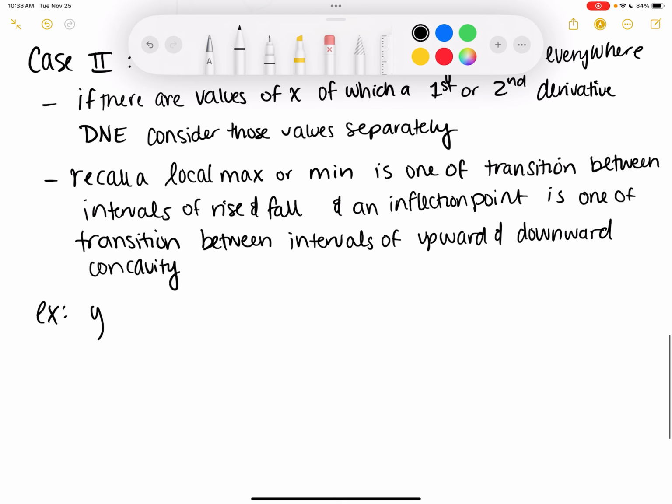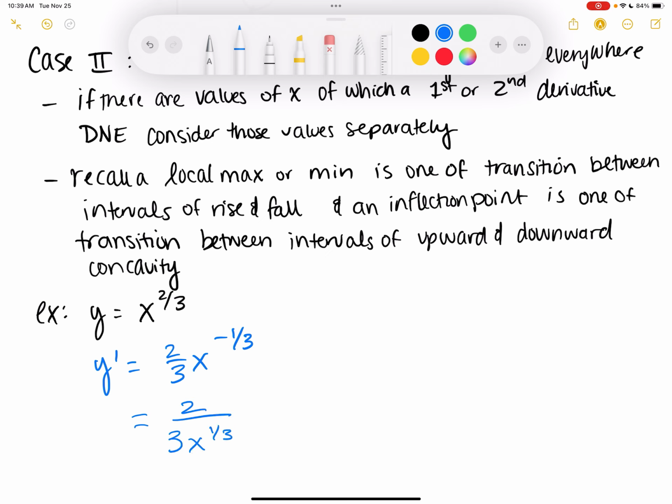Y equals x to the 2/3. Well, the first derivative would be 2/3 x to the negative 1/3. Or we could write it as 2/3 over x to the 1/3. And then y double prime, I'm just going to write it over here, is going to be negative 2/3 x to the negative 4/3.